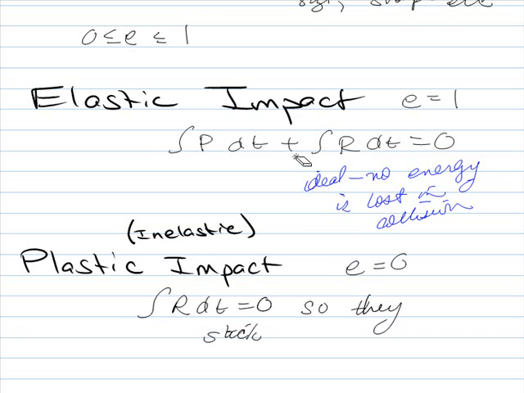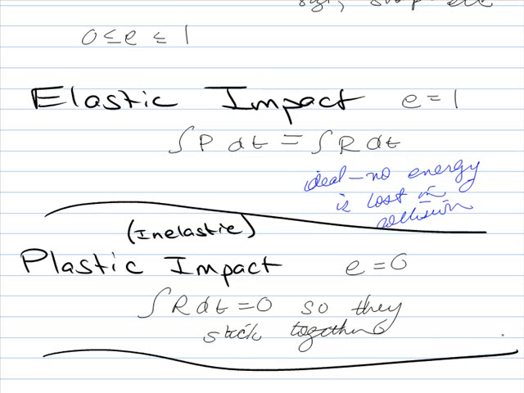Actually, looking up here, I think this needs to be equal, because if E is integral R over integral P, and then E is 1, then those have to be equal. Whatever. Nonetheless, it doesn't really matter because you're not going to specifically be looking at that. But anyway, the bodies will stick together when you have a plastic impact. So that would be an example whenever E equals 0.